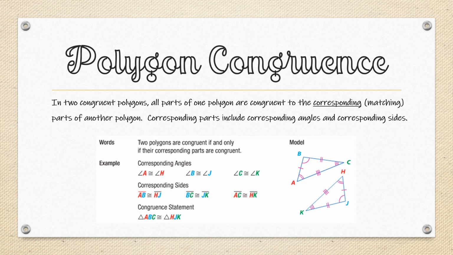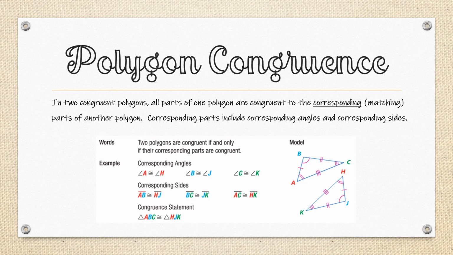So for corresponding angles, what's nice about this diagram is they color-coded everything so you can easily see which pieces are congruent. Yours obviously won't be color-coded when you're working on your test or in your homework. However, you're looking for the way things are marked. Angle A has two little arcs on it, and so does H. So angle A and angle H are congruent to one another.